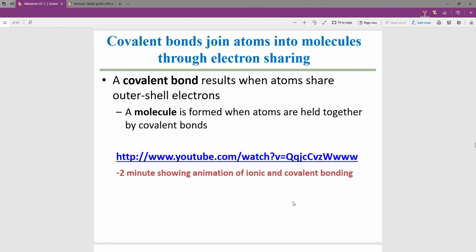Covalent bonding comes about because I said that there's creative ways that atoms can become happy. And covalent bonds are when electrons are not lost or gained, but they're shared. And so the most classic example of this would be water. I'll go back to blue.